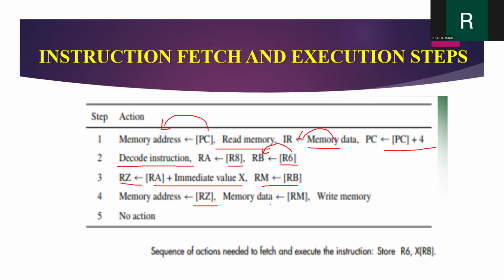Then in that specified memory address, the actual data will be stored. Where is the data available? In register RM, the original data is available. So the content of data will be transferred to memory address. Here the system performs the write operation, so the memory performs the write operation.